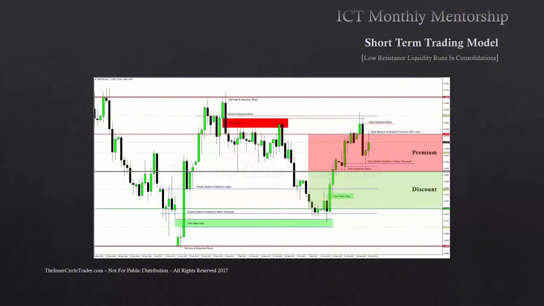We want to use a new PD array in a discount or premium market that has not been traded to, because the algorithm knows price has been there once before, so it's going to seek new liquidity and expand to allow the banks to take participation in a move higher or lower.